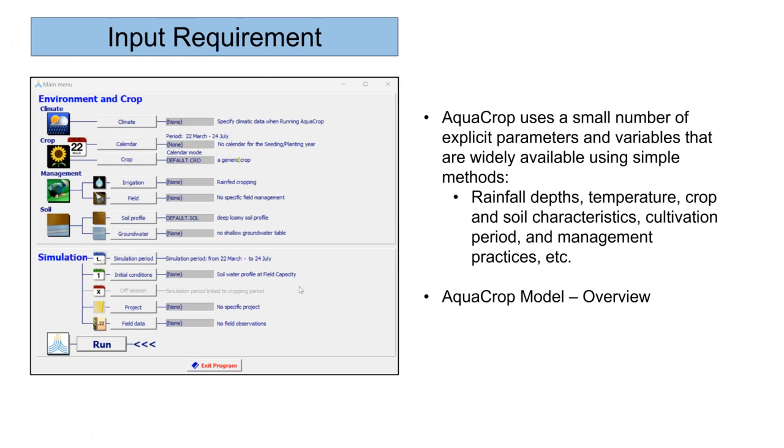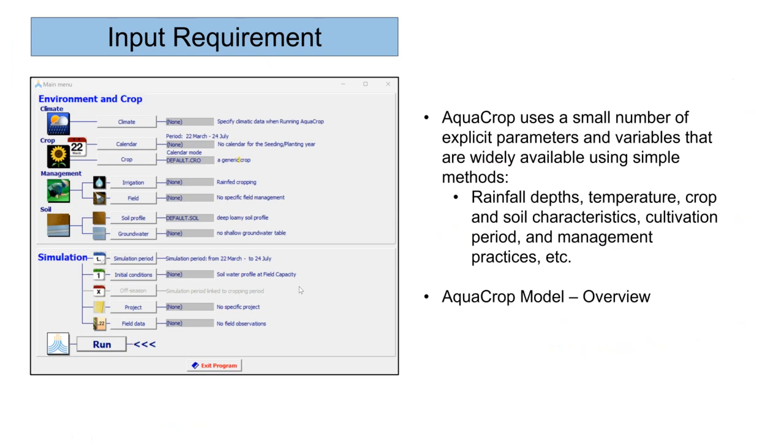You will have the input requirements for the environment and crop information, as well as the simulation. For the environmental and crop information, you will need climate data, which is what we looked at and downloaded from Prism Climate Group in the previous video.